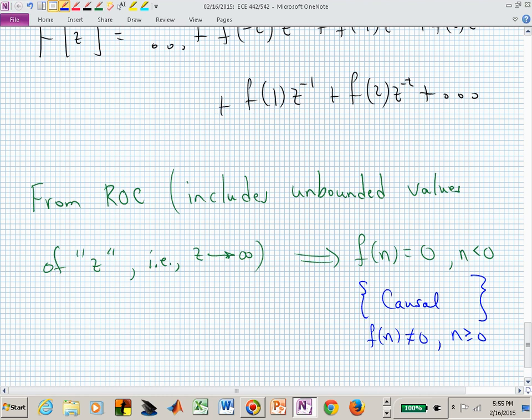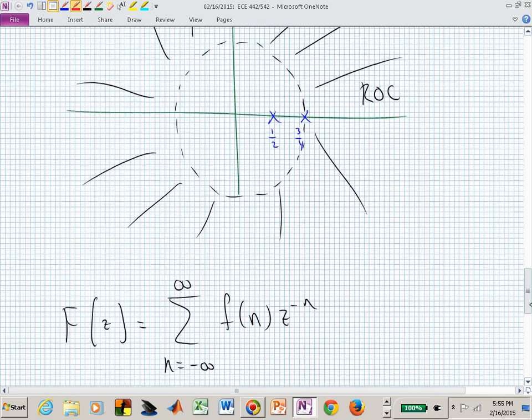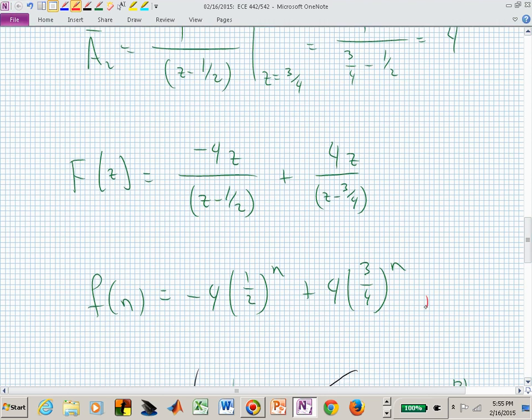And the connection that you can maybe make now is that this unbounded region of convergence is connected to this causal behavior, or causal sequence of values. And that allows us now to go back to our answer and insert, this is true for non-negative n's based on our region of convergence.